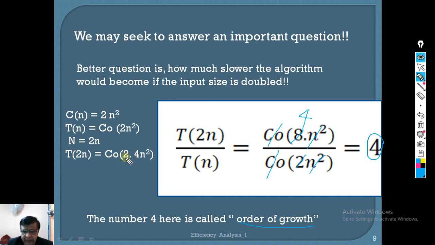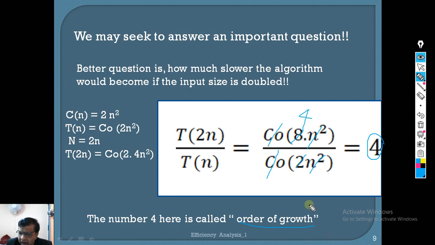As far as this example is concerned, the algorithm with complexity 2n square will become 4 times slower upon increasing the input 2 folds.